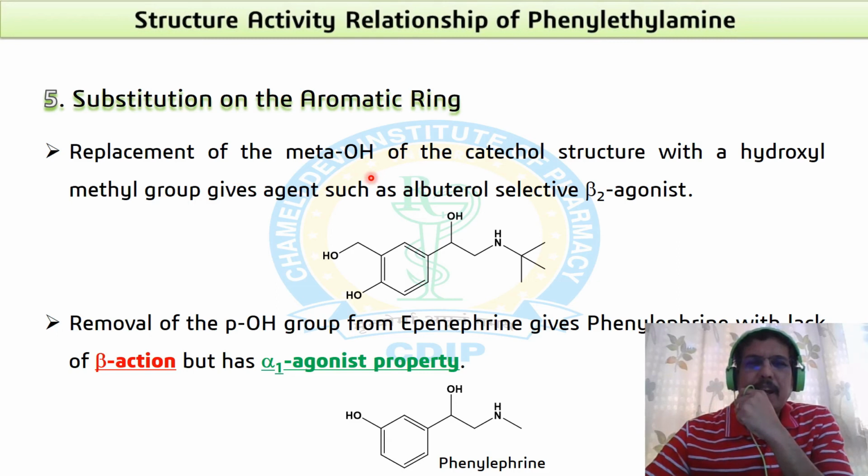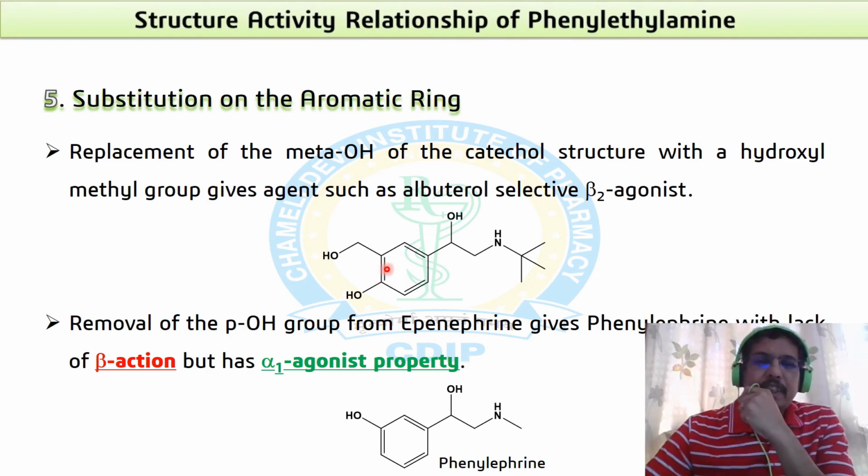Replacement of the meta hydroxy of the catechol structure with a hydroxymethyl group is again responsible for beta 2 selectivity. And similarly, if we remove the para hydroxy group from epinephrine, it gives a new compound called phenylephrine, which lacks beta action but shows alpha 1 agonist property.